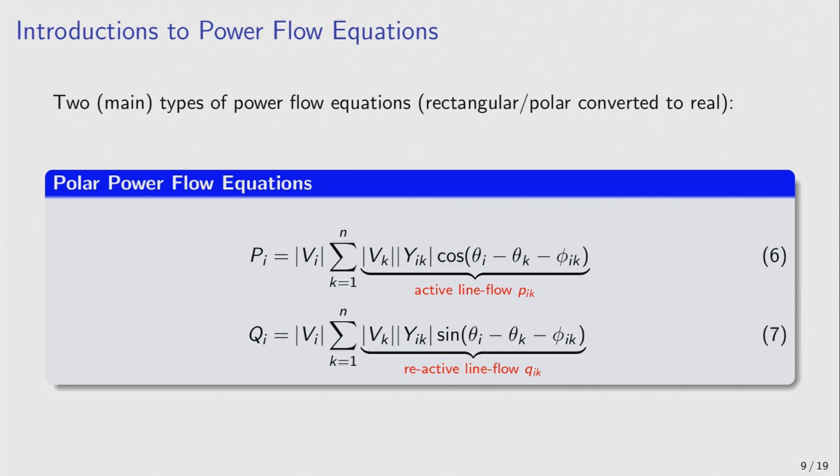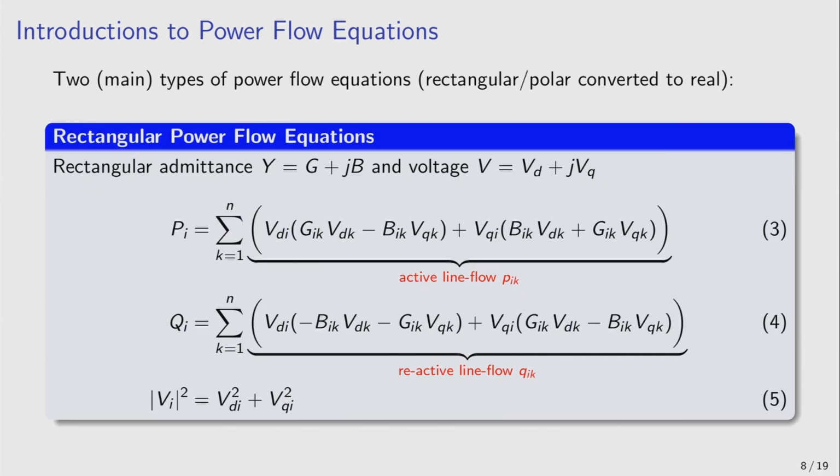The polar flow equations look slightly different. I should point out something that is kind of important. There are these variables Q_ik and P_ik that will play an important role, and they're called line flows. On each line that is connected to node I, there's a flow that's described by this equation here.